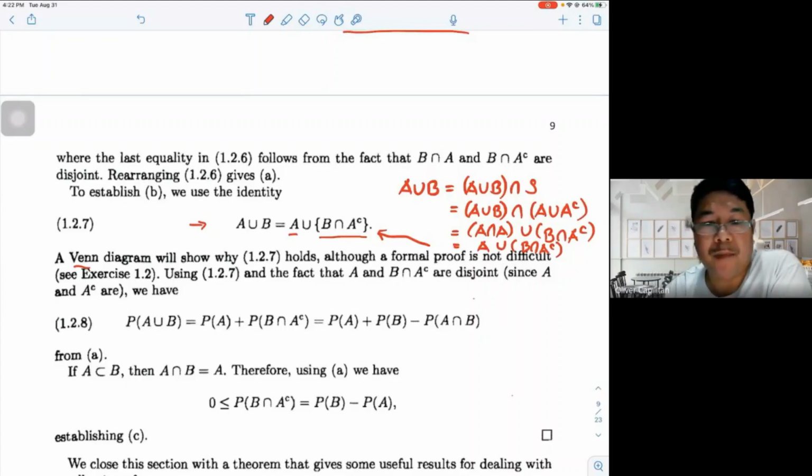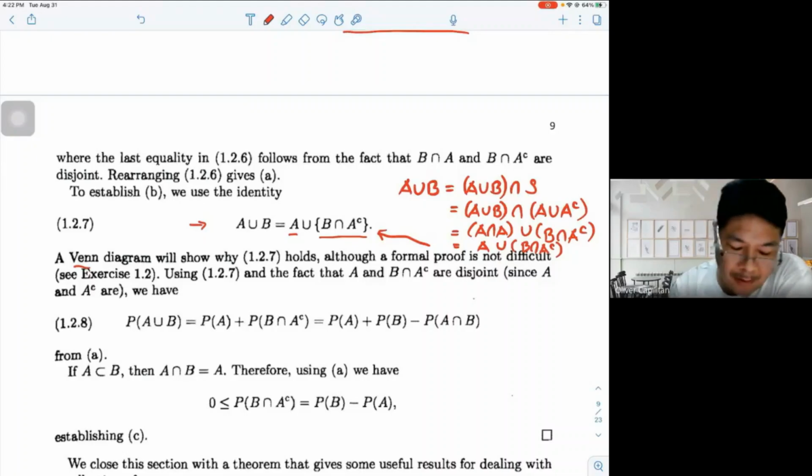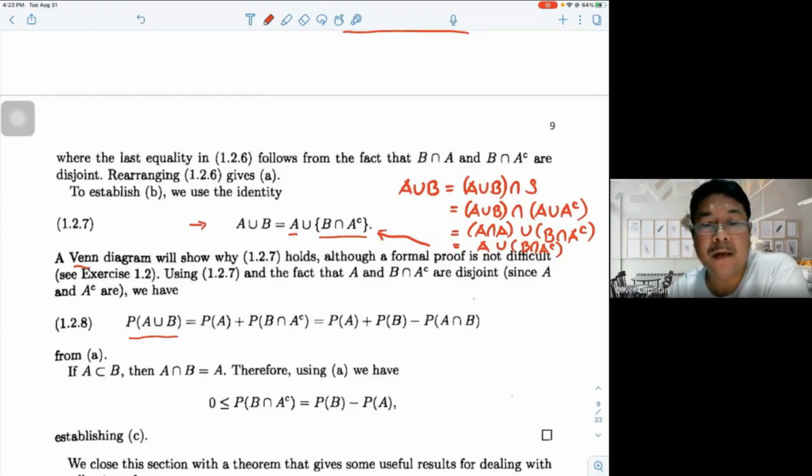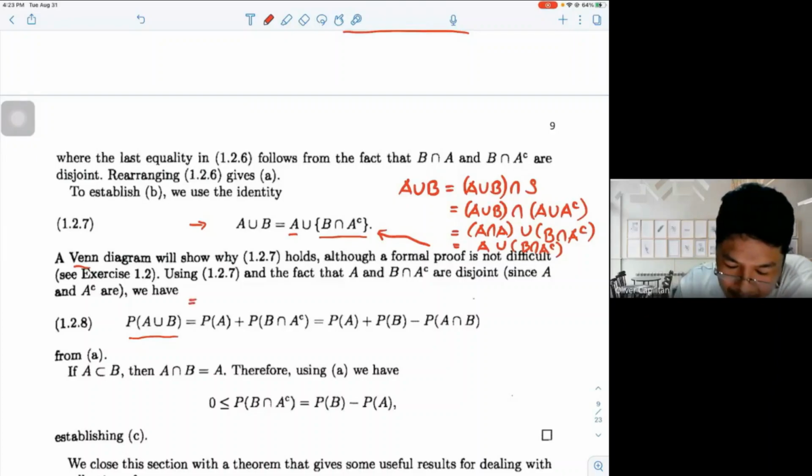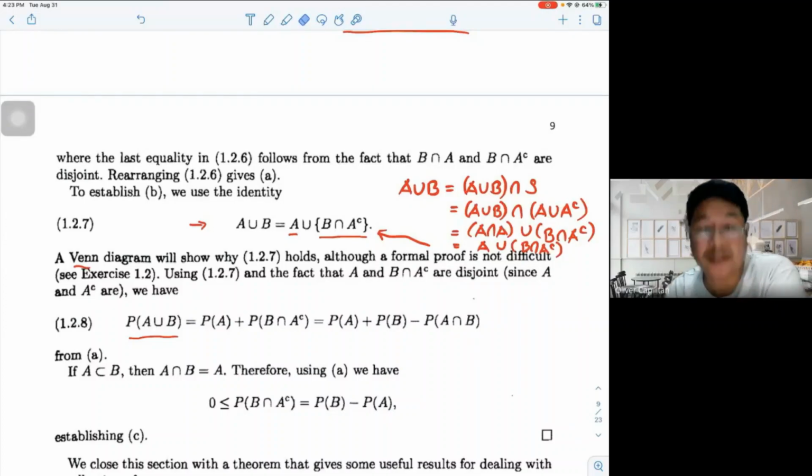So if we're going to take the probability on both sides, we have here the probability of the union of A and B will now be equal to the probability of A. Tama pala to. Okay, the probability of A plus the probability of B intersection A complement.